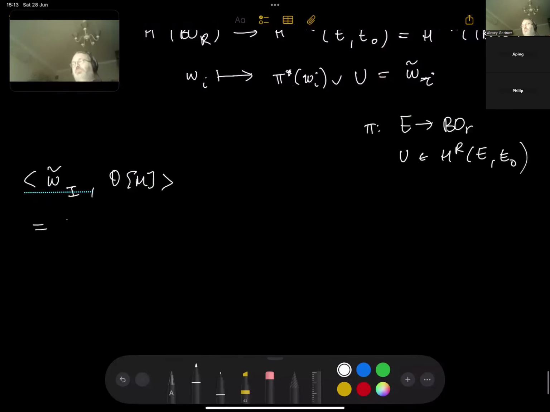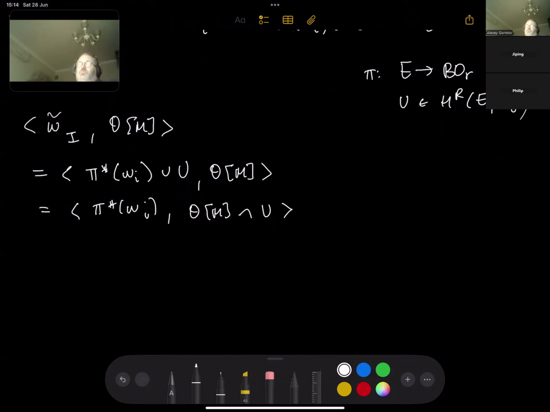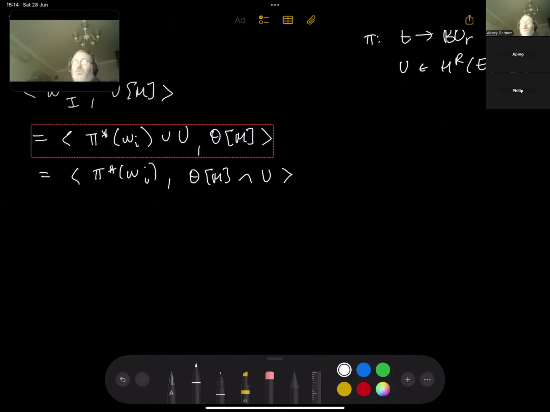Okay, and then we use the formula that we deduced. So pi star omega I cup U, theta m. And this is, a cup product sort of commutes with the cap product in this way: theta m cap U. Well, then it's just W on the left. Yeah, that was the next step.